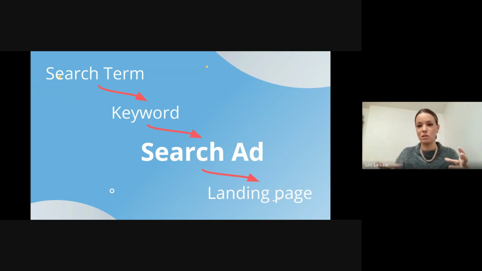The journey has to be seamless. We don't want to confuse the user. When users are confused, they're super impatient, their attention span is short, to say the least, and we're very likely to lose them along the way.